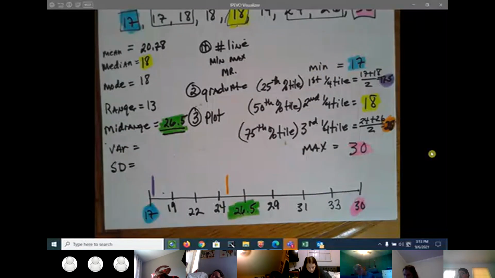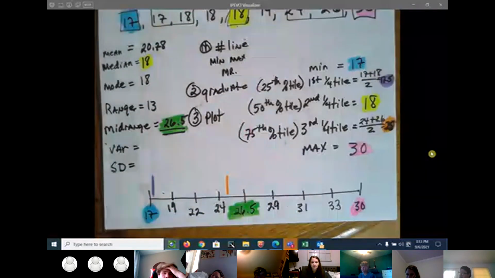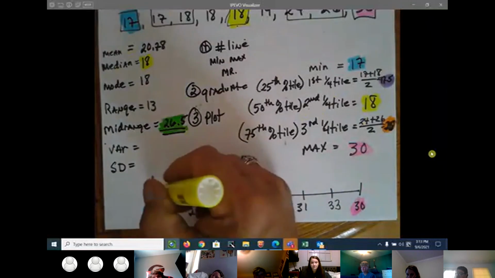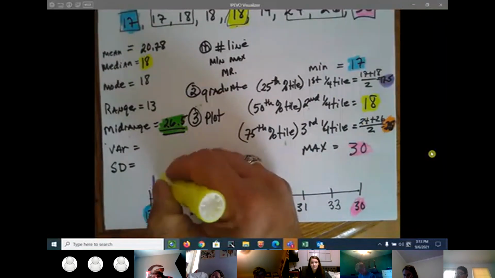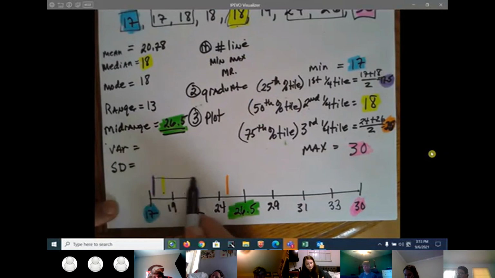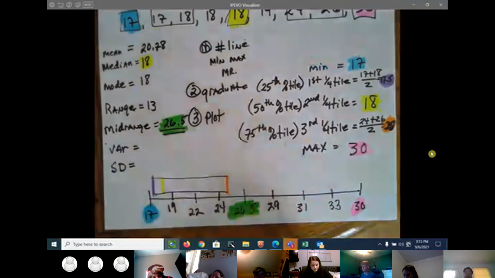I used all my colors, darn. I have to use something else now. Let's go with an aqua color. No. Let's go with a brown, bronze. And that's going to be 18, yellow. 18 is right in here. And there's your box plot. And that's how you do the 5-number summary in the box plot.